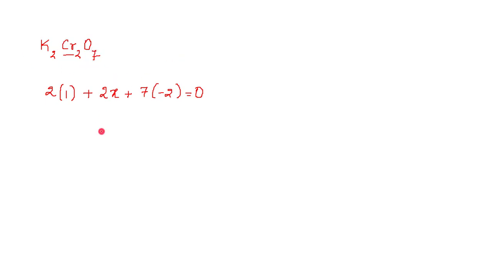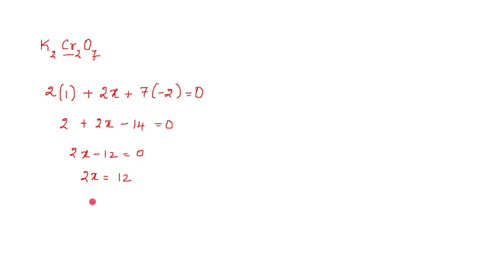Now calculate it. So 2 ones are here, 2 plus 2x, 7 into minus 2 is minus 14, equal to 0. So 2 minus 14 becomes minus 12, equal to 0. 2x is equal to minus 12; take it to the other side and it becomes plus 12.